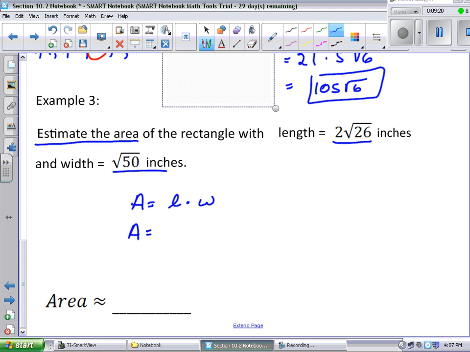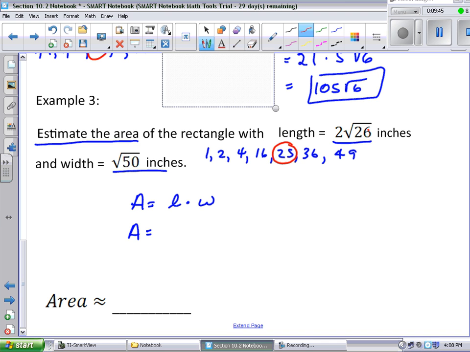Now we're trying to estimate this, so I'm going to think about my perfect squares. 1, 4, 9, 16, 25, 36, 49. That's enough of them. The closest perfect square to 26 is 25. So I'm going to use the square root of 25 instead of the square root of 26.